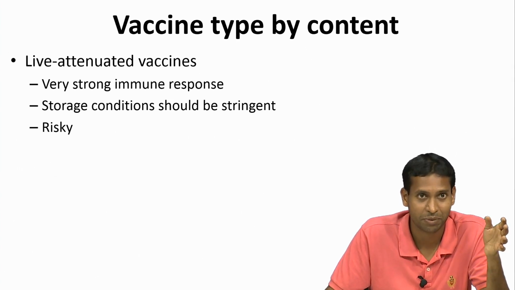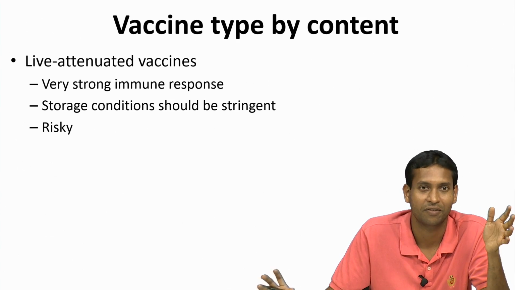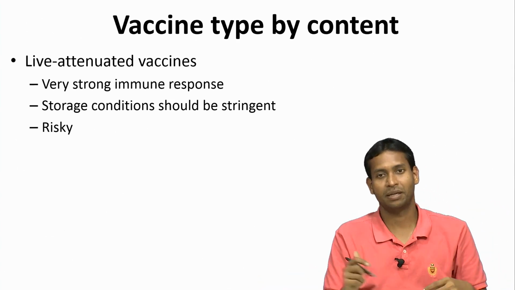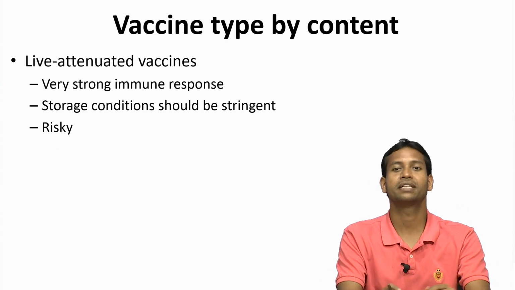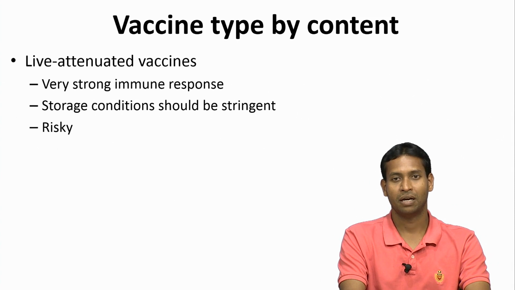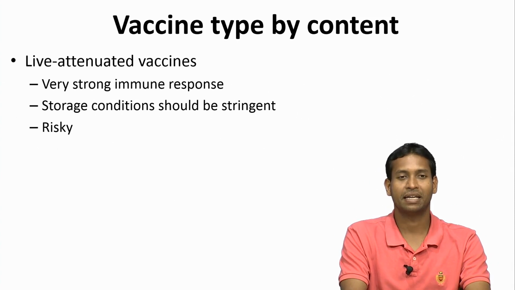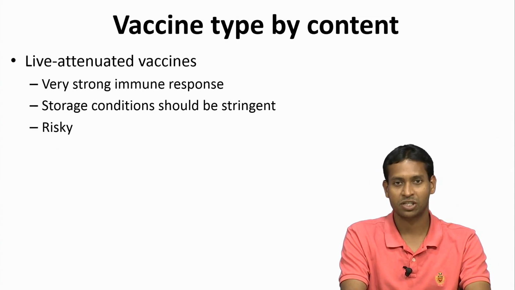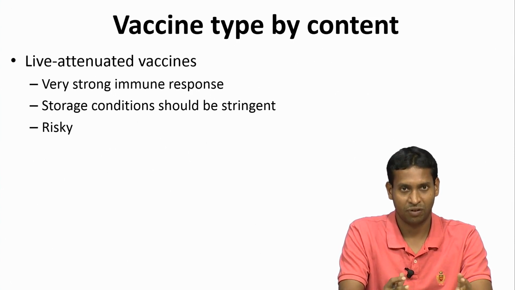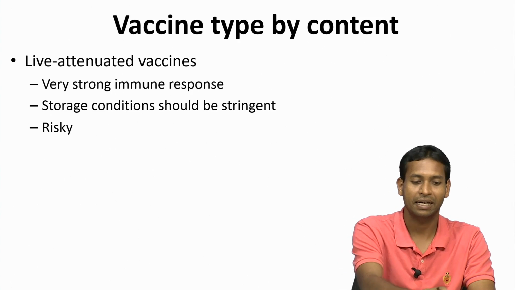It is fairly risky because, of course, you have attenuated it, but there is a chance that the patient or the healthy person you are injecting this into may not be very healthy at that point, and may be suffering from some condition where their immune response is not able to mount enough activity to clear these attenuated vaccines.